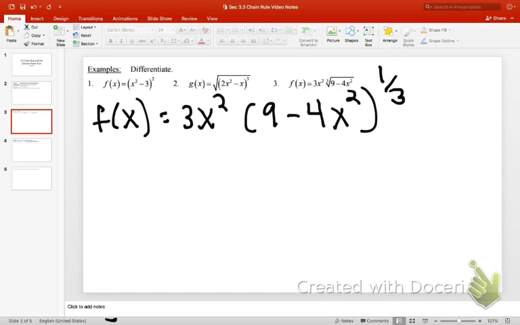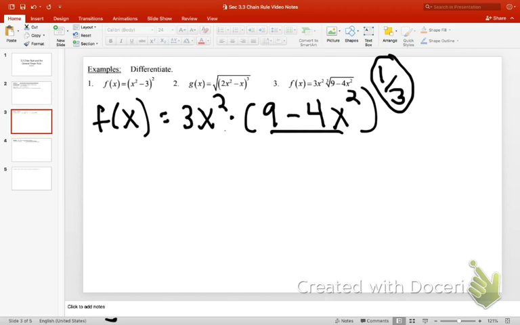Since I have this power of 1/3, I'm not able to distribute the 3x squared inside those parentheses. So I have a product, and I also have more than just an x raised to this power. We have our product rule, and within the product rule, we're going to have to use our general power rule.